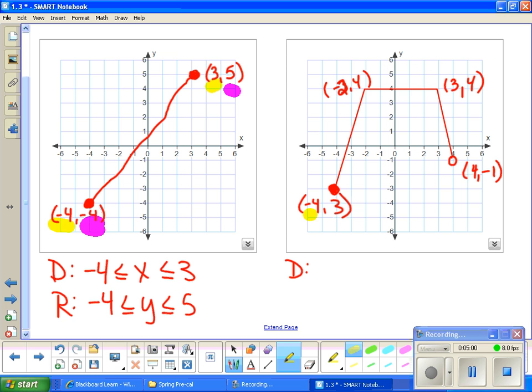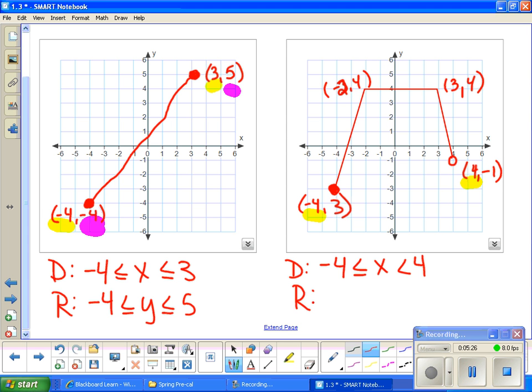I'll write the x values here. My lowest x value is -4. It's a solid dot, so it's going to be less than or equal to. So I know my x has to be greater than or equal to -4. But now I have an open circle, so that means it's not going to be equal to 4. It's just less than 4.